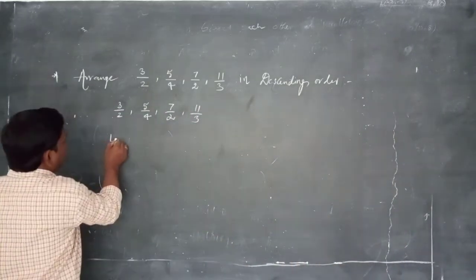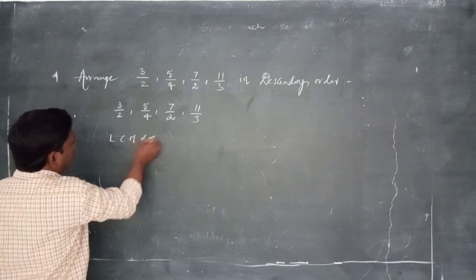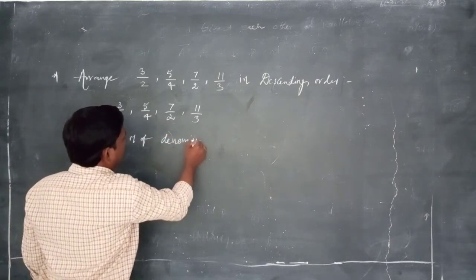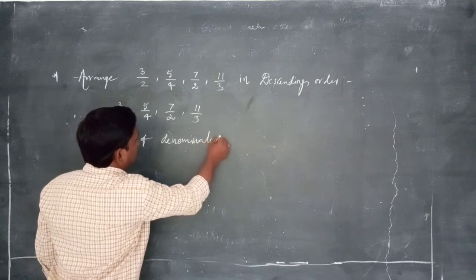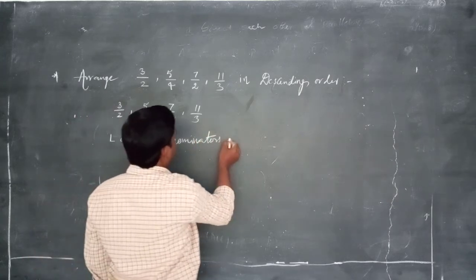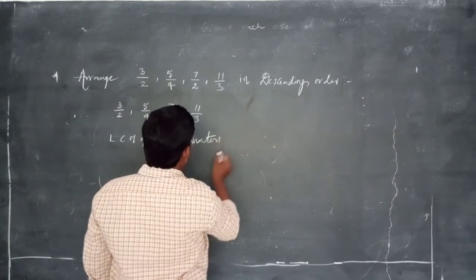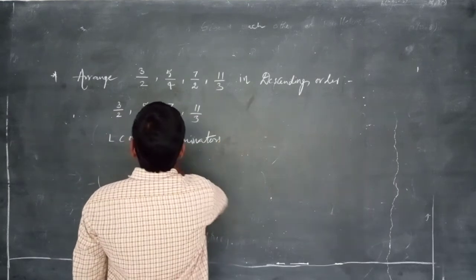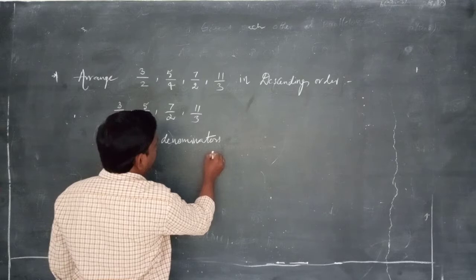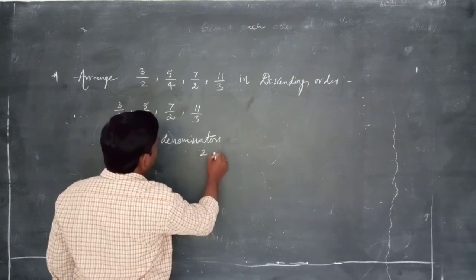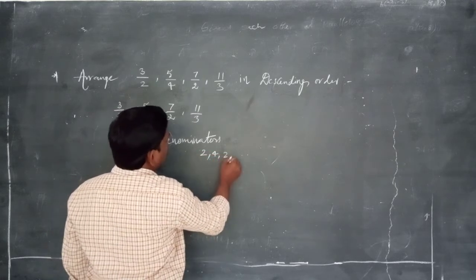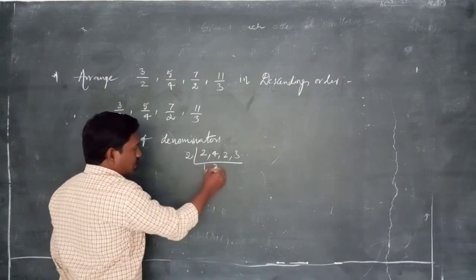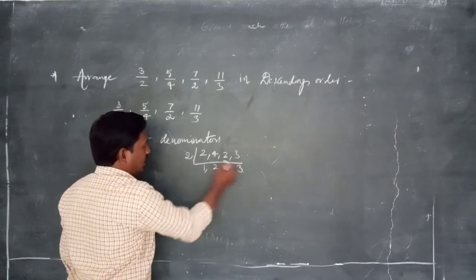So now the LCM of the denominators 2, 4, 2, 3. Take two table, 1 time, 2 times, 1 and 3.